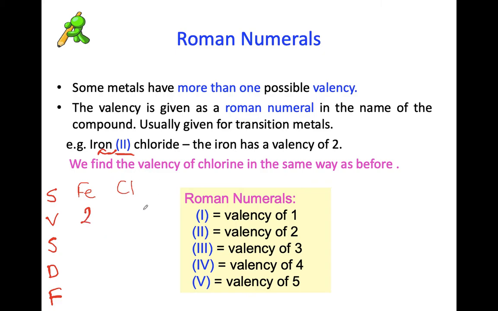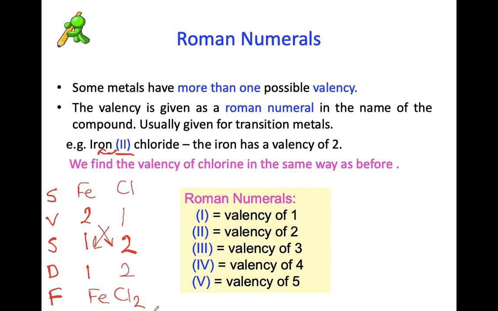We find the valency for chlorine in the same way that we did in the last lesson. Chlorine is in group 7, so its valency is 1. Again, we swap these over. We can't divide them and make the numbers any smaller. So our formula then would be FeCl2.